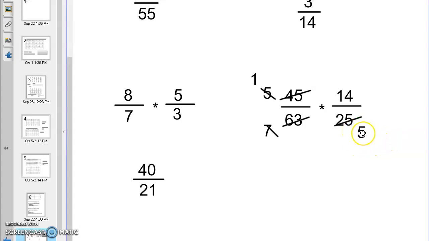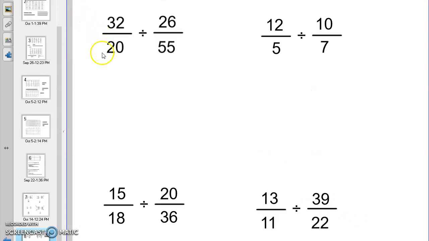And then 7 goes into 7 once. 7 goes into 14 twice. And now we multiply across. 1 times 2 is 2. 1 times 5 is 5. 2 over 5. So it's 2/5.